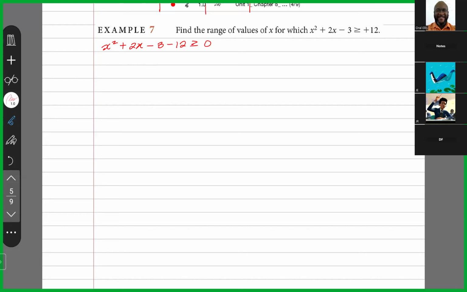Positive 12 on the right comes over to the left and becomes negative. Then x squared plus 2x minus 15 is greater than or equal to 0. Let's get the critical values.